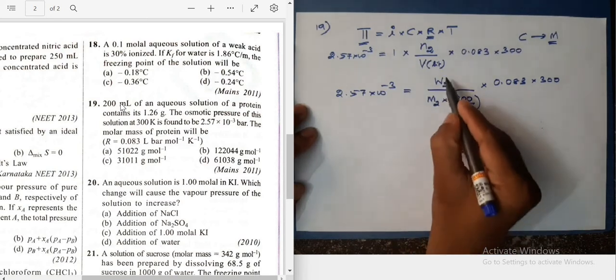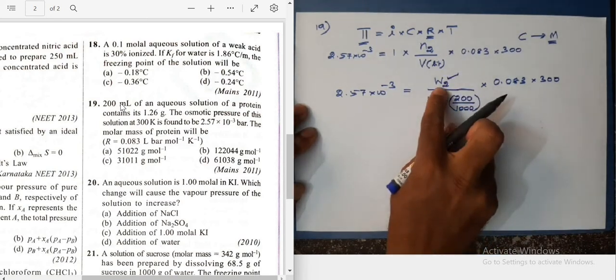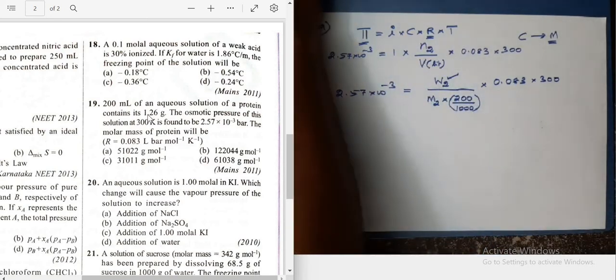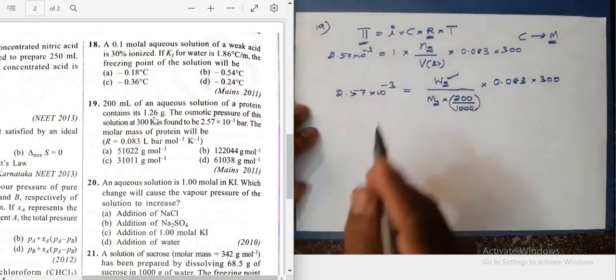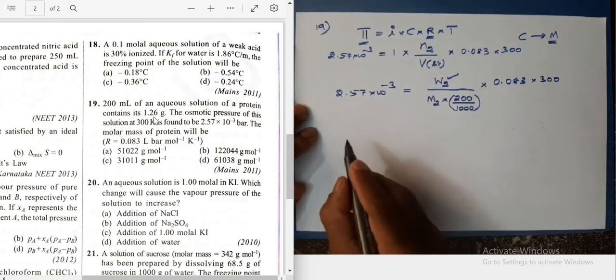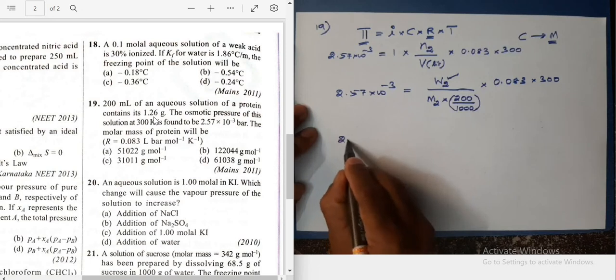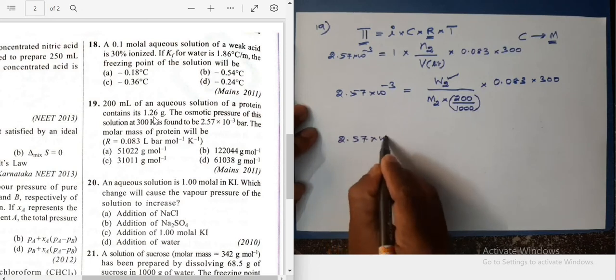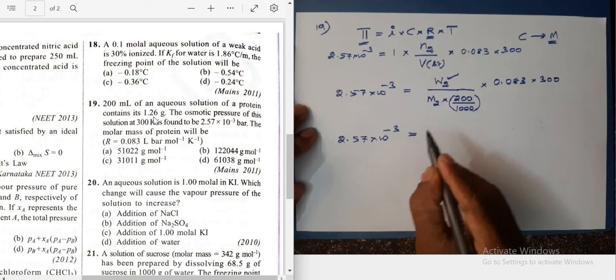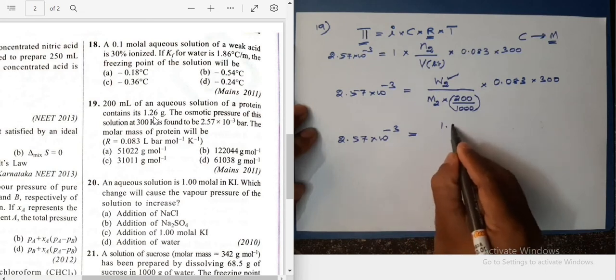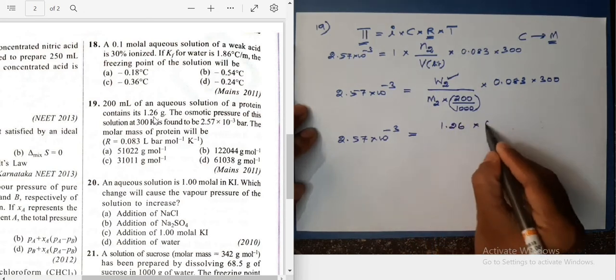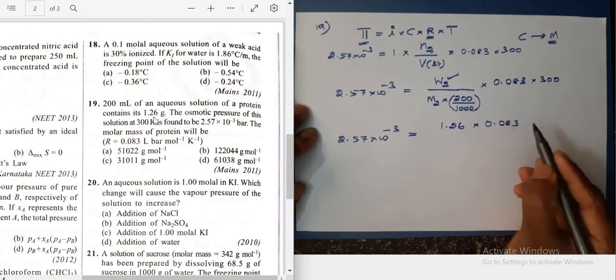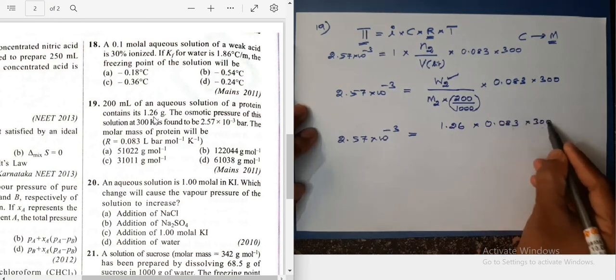And the mass of solute is also given, the protein mass. How much? It is given, see, 1.26 gram. So let me put that value also. 2.57 into 10 power minus 3 equals the mass of solute, 1.26 grams, into 0.083 into 300.